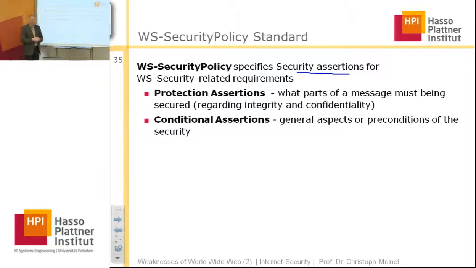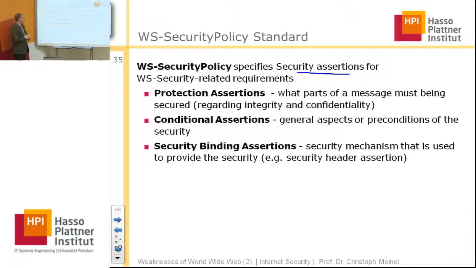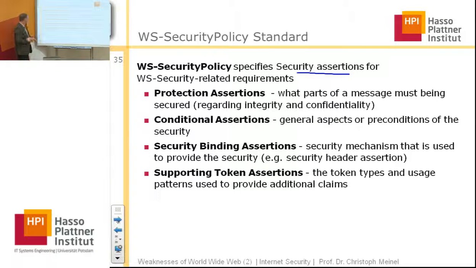Here it's possible to describe some general aspects or preconditions of the security. There are security binding assertions. Here the security mechanisms that are used are provided. This is what you find in the security header assertion. And then there are supporting token assertions.